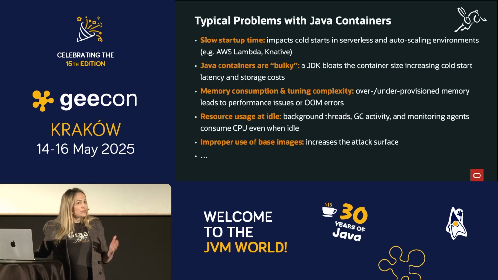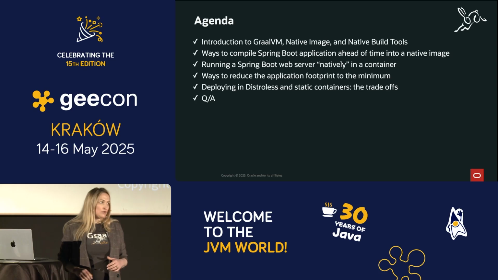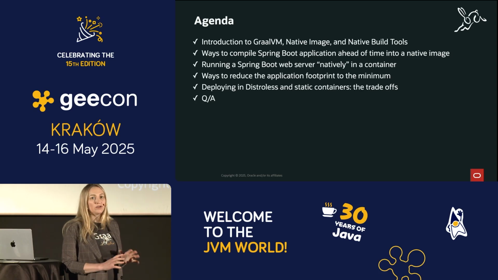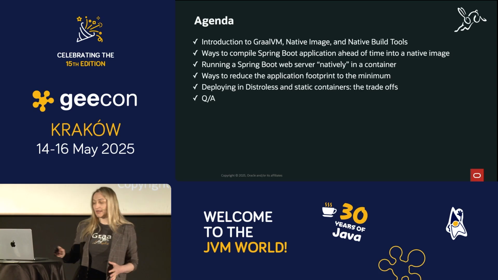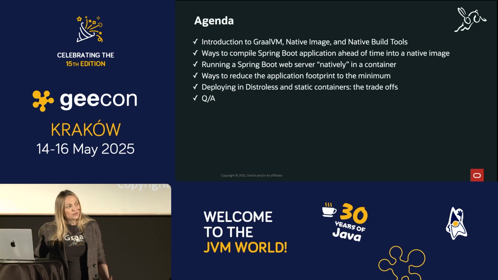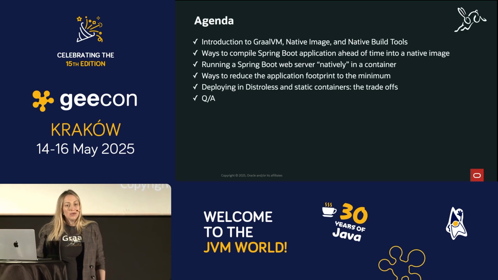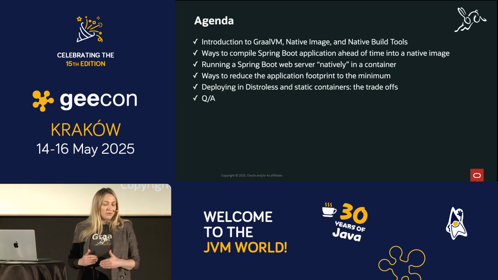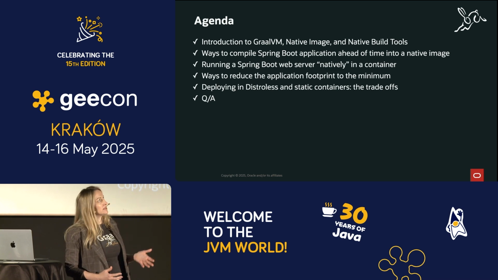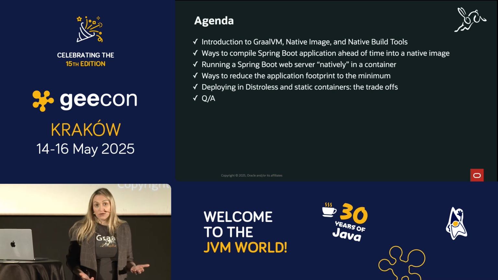Let's see which of these we can approach today. I will quickly introduce GraalVM, just a few words. What is native image, native build tools, then how we can compile a Spring Boot application ahead of time in an automated way, and then in a more manual way. In this case, we'll use Paketo buildpacks, of course.